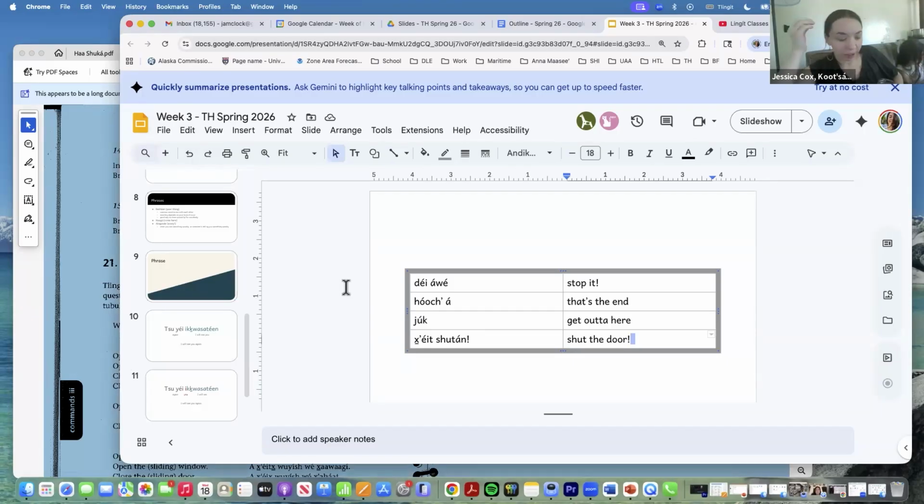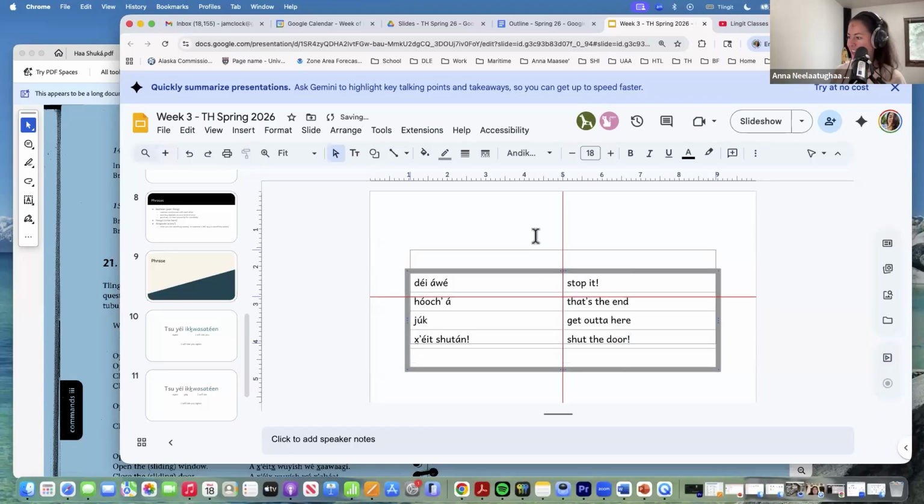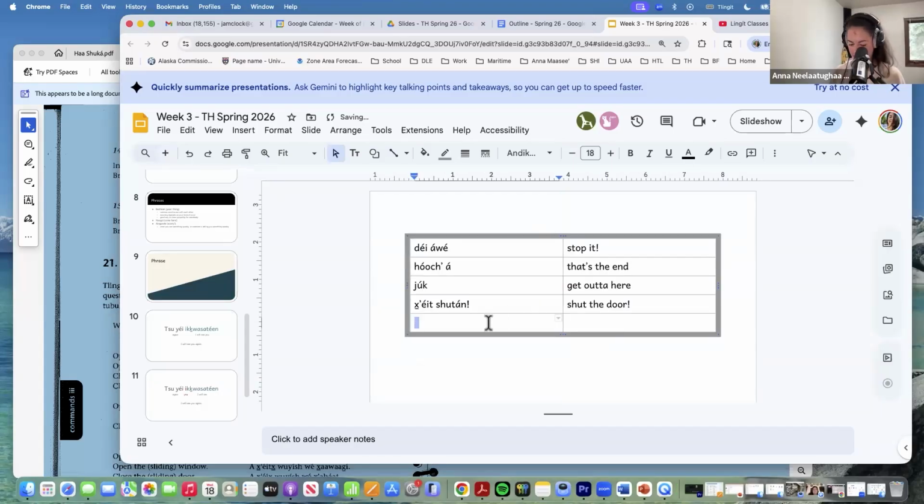I think it was last week or the week before, Shirley taught us ha'e, and I keep using that one on my kids. They don't know what I'm saying, but at least I'm able to use it on someone. That's a common expression, but let's see. How would you translate that one, Shirley?